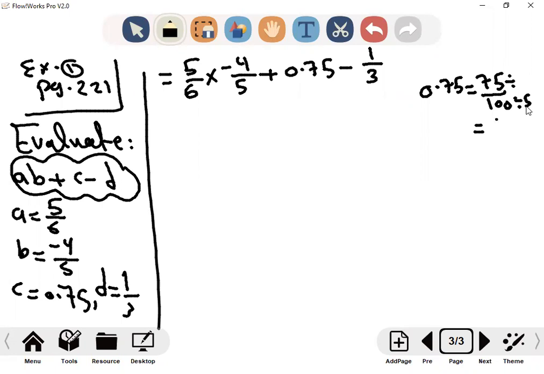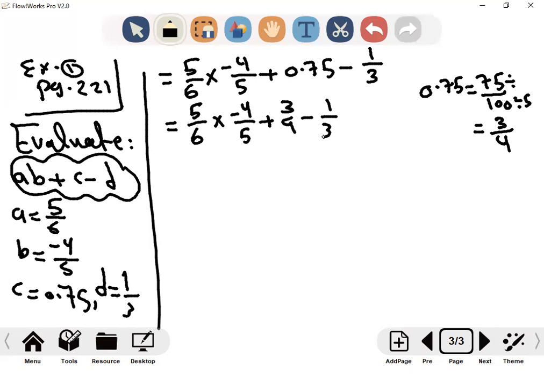It will be 3/4. So in place of 0.75, I'll replace it by 3/4. So it is 5/6 multiply -4/5 plus 3/4 minus 1/3.